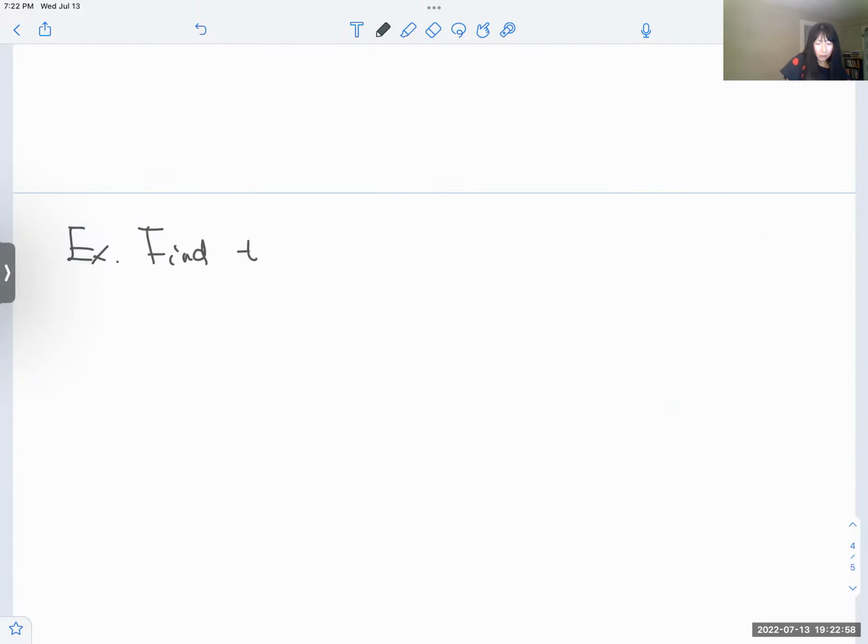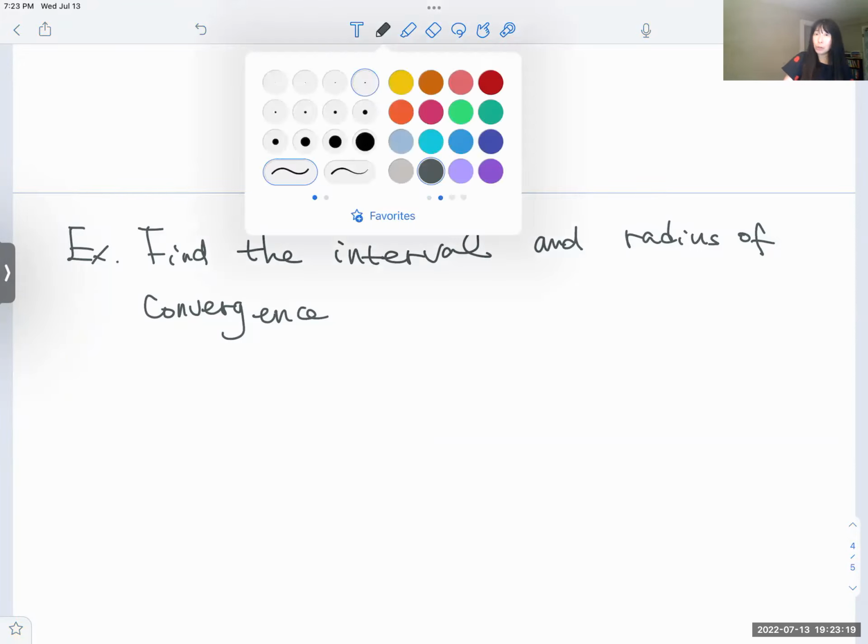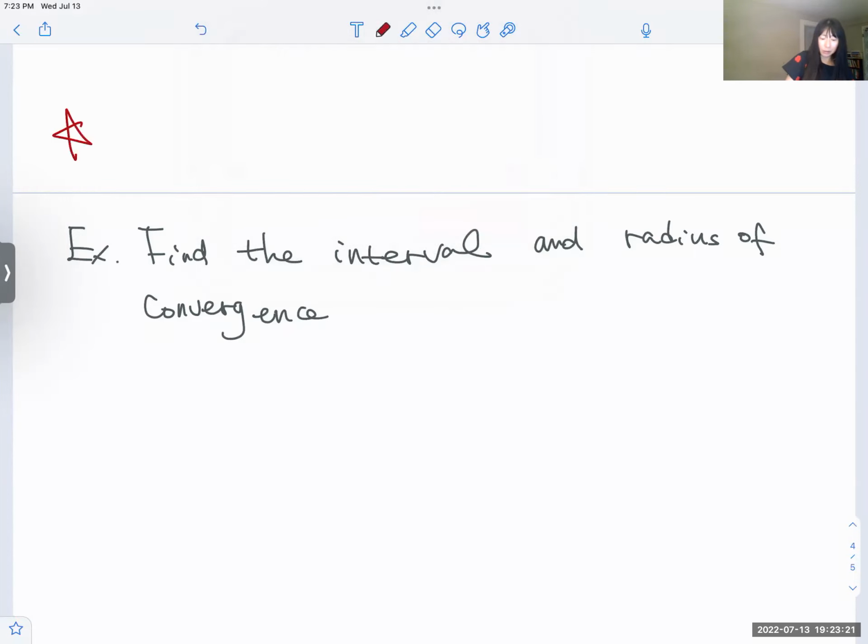Find the interval and radius of convergence. When we find the radius of convergence, we always use the ratio test.